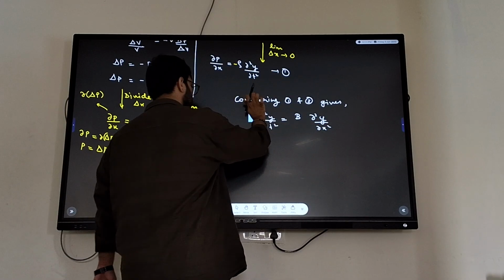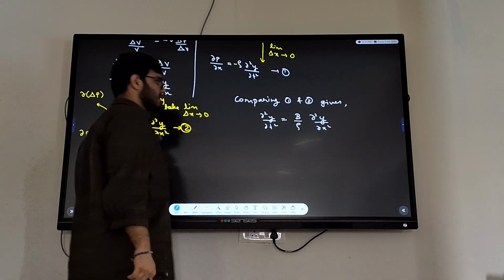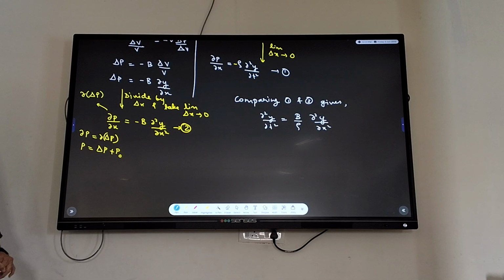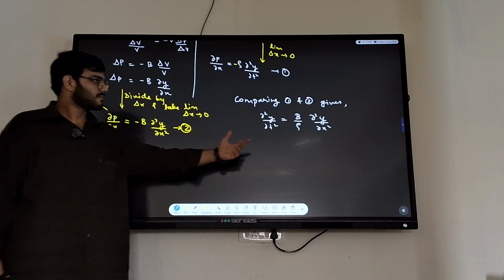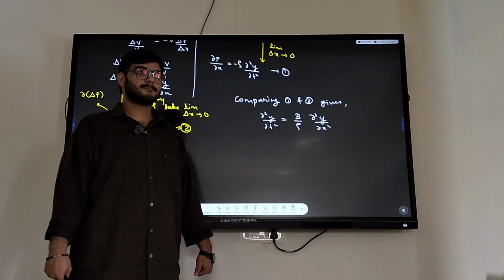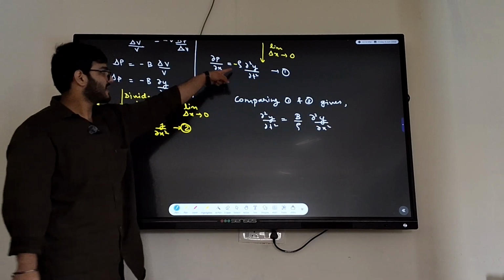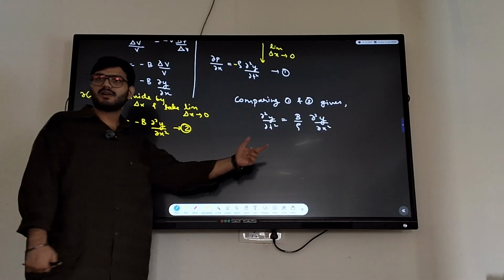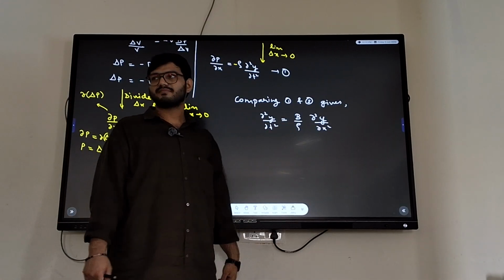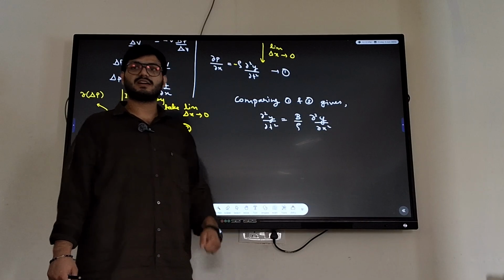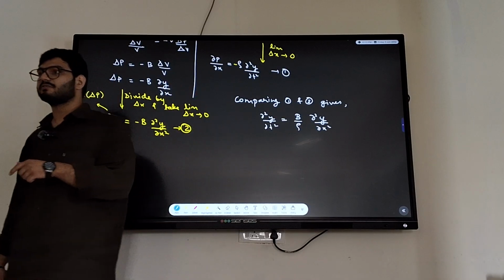Let me take this rho and put it here. Have you seen this kind of equation before? What does this equation resemble? Yes, the condition of a valid wave function. That was the wave equation.